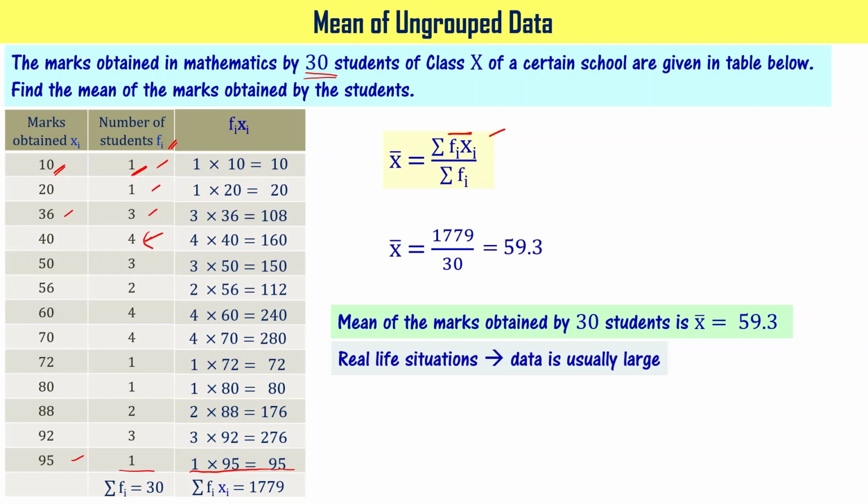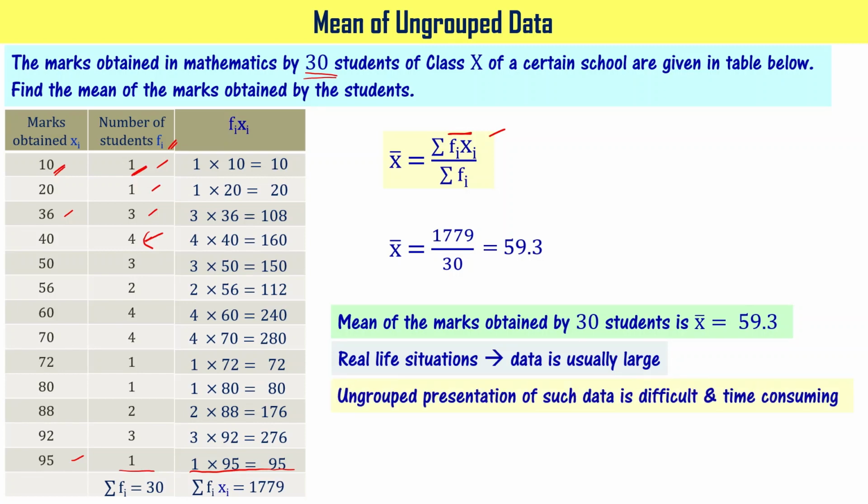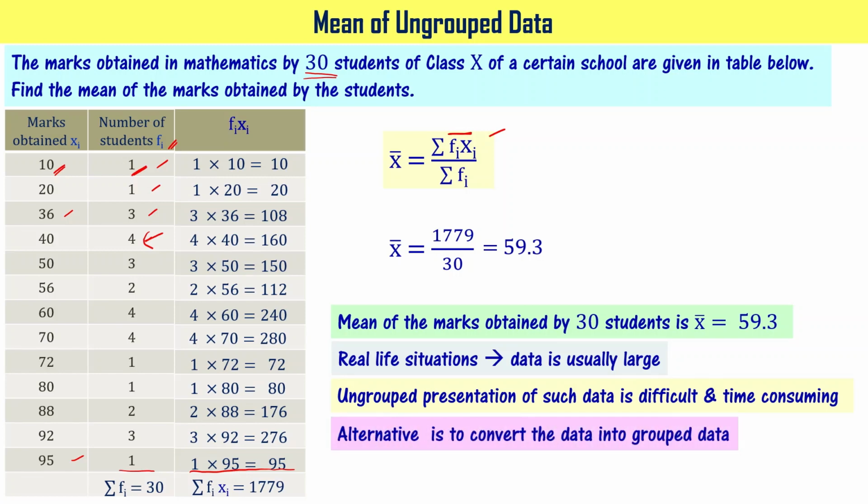Then tabulating that in this kind of fashion is going to be tedious and time consuming, right? So what I'm saying is ungrouped representation of such huge data is difficult and time consuming. Then what is the alternative? The alternative is to convert the data into group data. Let's understand that now.